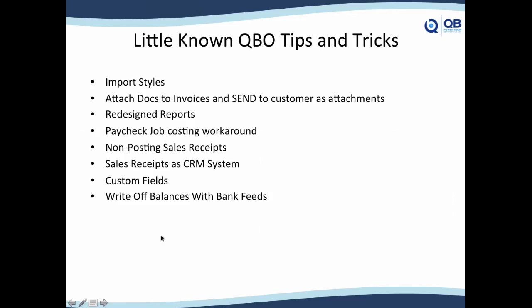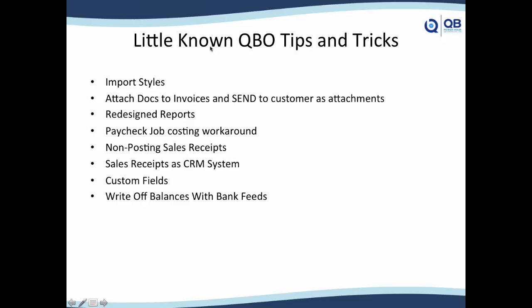All right. So let's go to the feature section, which is little known tips about QuickBooks Online. As I mentioned earlier, I wanted to focus on some of those obscure things that QuickBooks Online can do, but it does require you to work with some of the beta tested apps like import styles, which I'll do a demo on, and it does require you to see where all those features are.